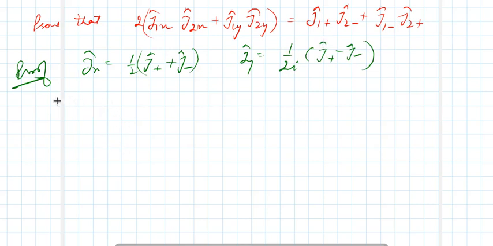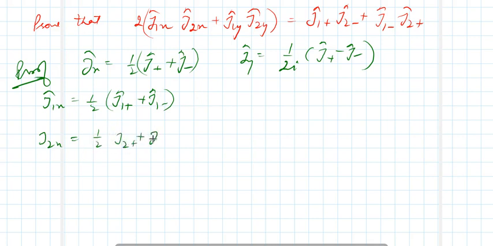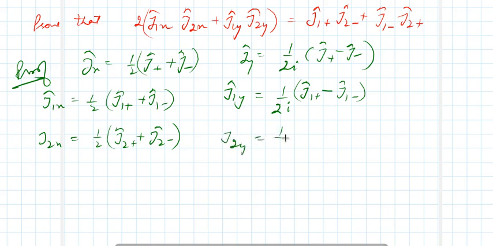So using this, I can write j1x as equal to 1 by 2 (j1 plus plus j1 minus), and j2x is equal to 1 by 2 (j2 plus plus j2 minus), and similarly j1y is equal to 1 by 2i (j1 plus minus j1 minus), and j2y is equal to 1 by 2i (j2 plus minus j2 minus).